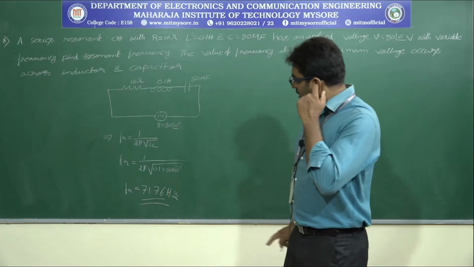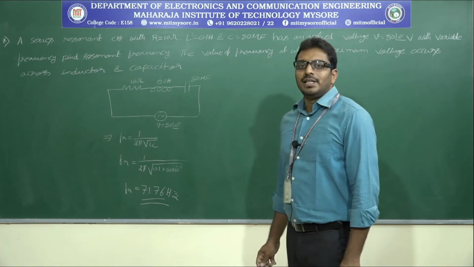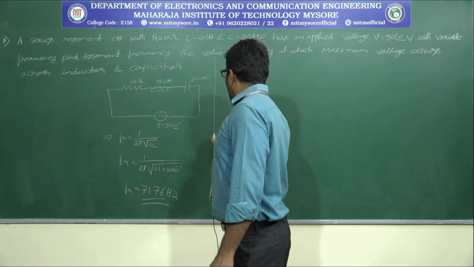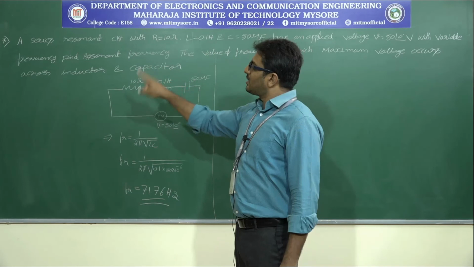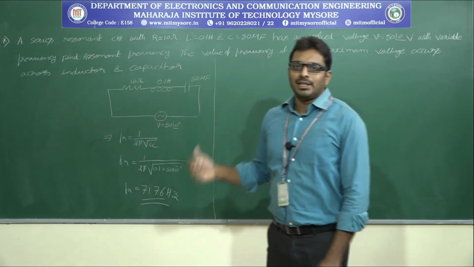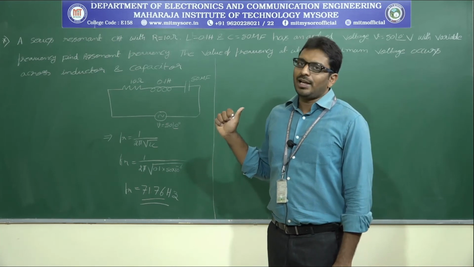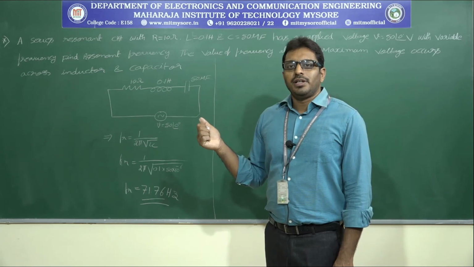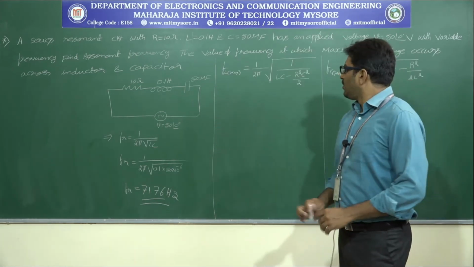This is the resonant frequency for this given RLC series circuit. What is the next part of the question? Find the value of the frequency at which maximum voltage occurs across inductor and capacitor. Here we are using two standard formulas in order to calculate the frequency at which maximum voltage drop occurs across inductor and capacitor. Yes, okay.